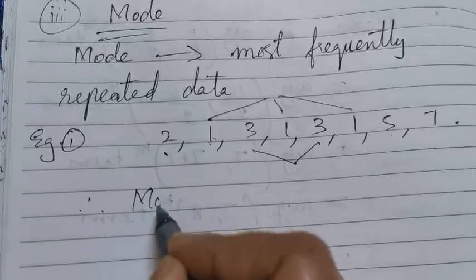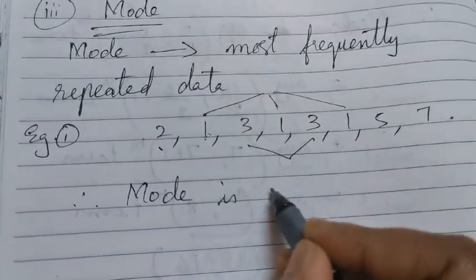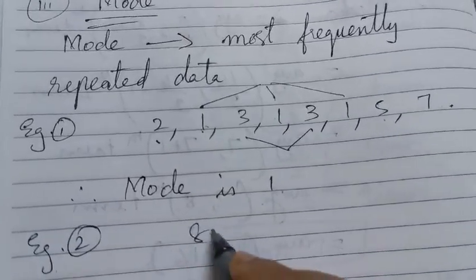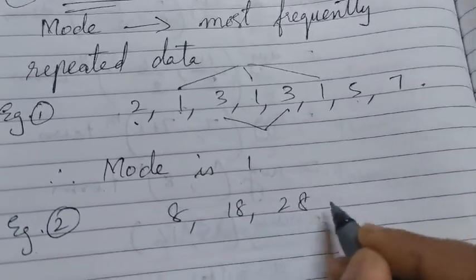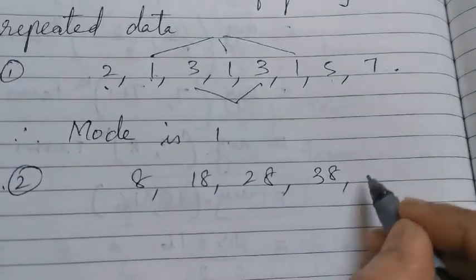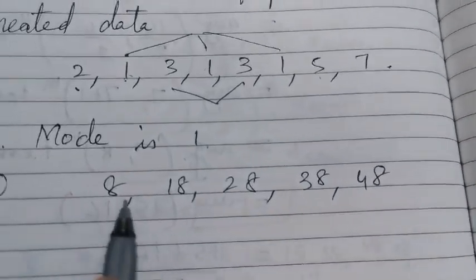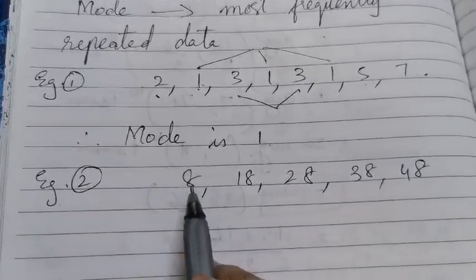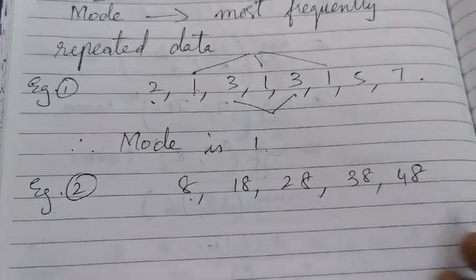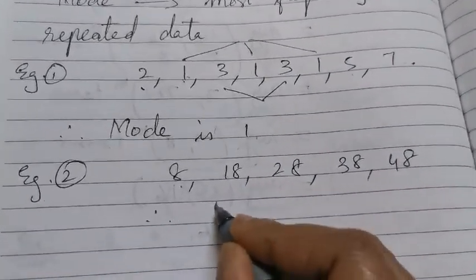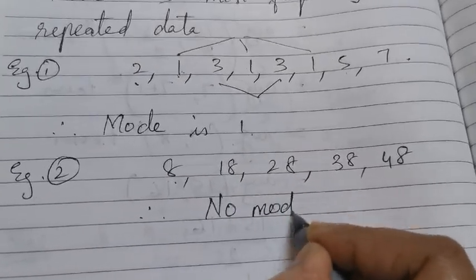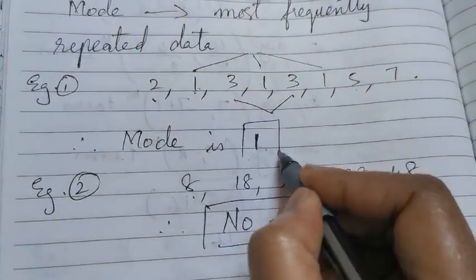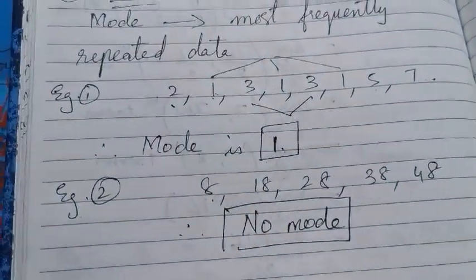Therefore, our mode is 1. The next example, I have 8, 18, 28, 38, 48. Here no data is repeating. All the data are appearing only once. Therefore, there is no mode in this case. Here the mode is 1. Here there is no mode.